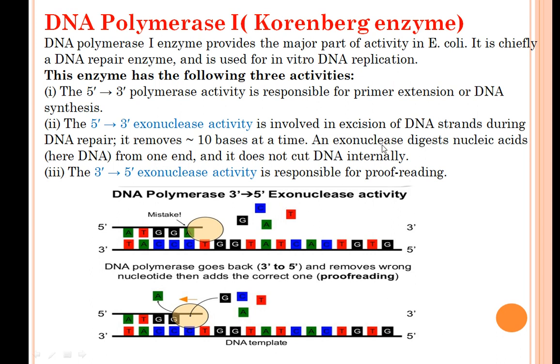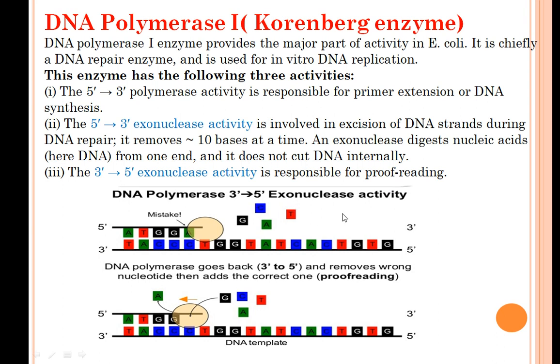We will study the nuclease enzymes, exonuclease and endonuclease, in the biotechnology chapter also. Exonuclease digests nucleic acid from one end and does not cut DNA internally. Now the 3' to 5' exonuclease activity is responsible for proofreading.